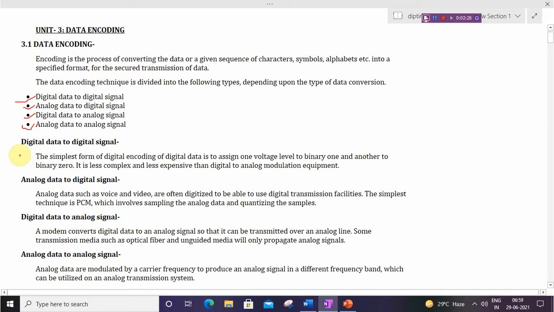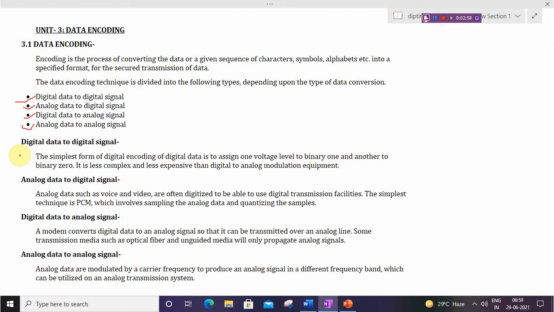So digital data may consist of 0 and 1. Then we have to assign one voltage level to 0 and another voltage level to 1. It is less complex and less expensive than digital to analog modulation equipment. Okay. Then the next encoding process is analog data to digital signal.